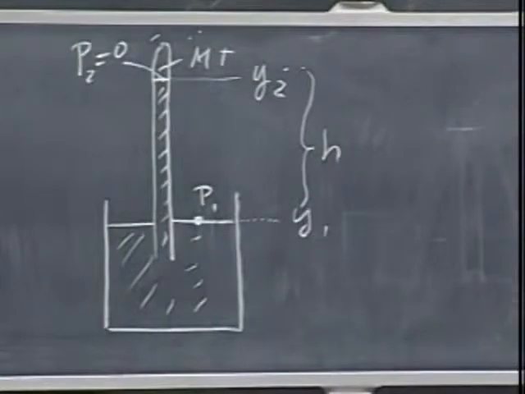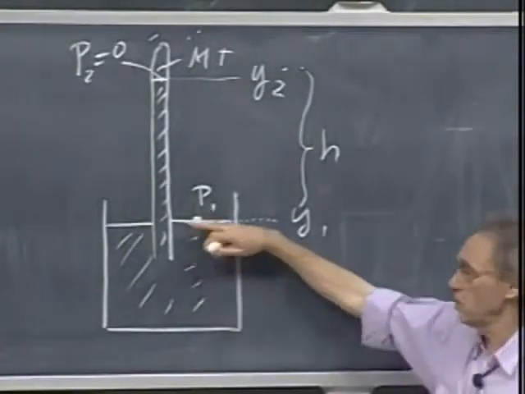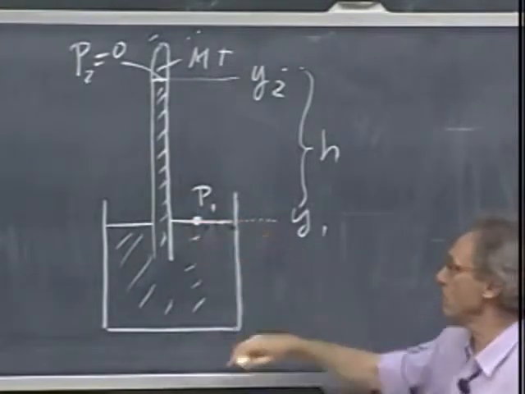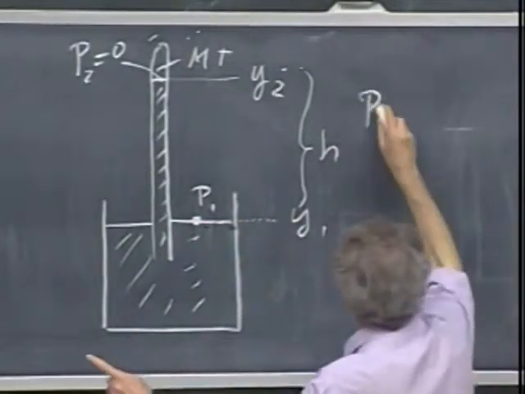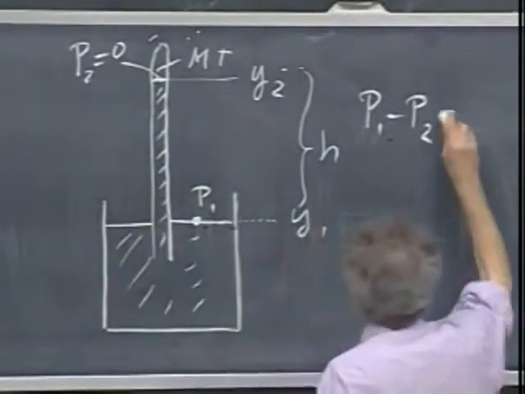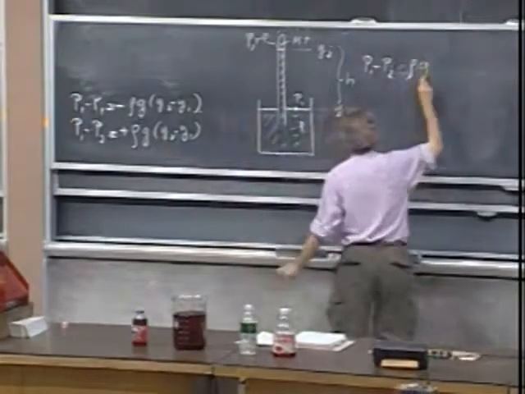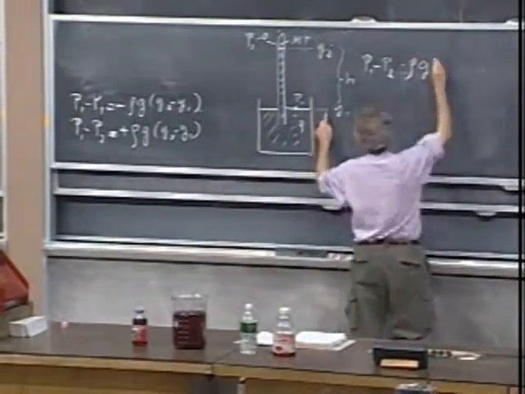And so now what is the pressure here at P1, which of course is the barometric pressure? It's just exposed to the atmosphere. Well, P1 minus P2 equals rho of the liquid times g times (Y2 minus Y1), which is h.